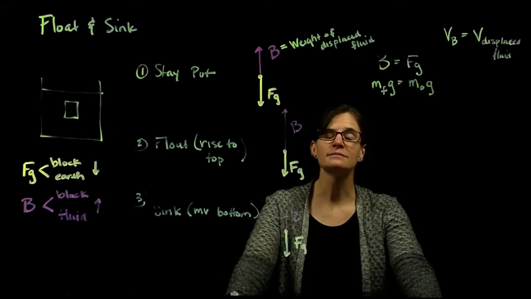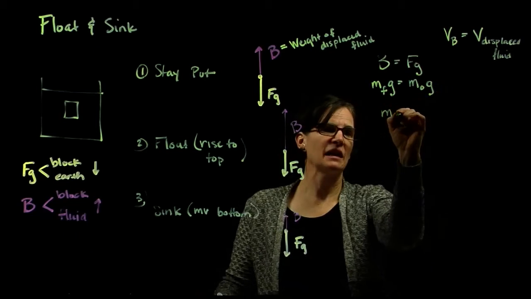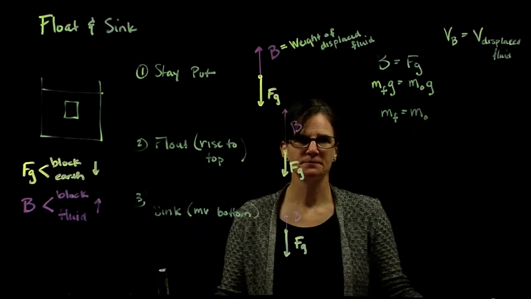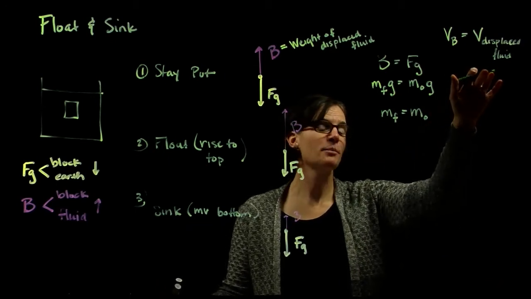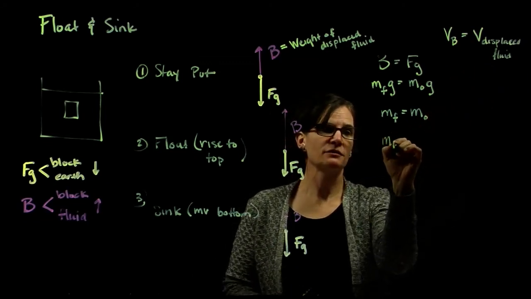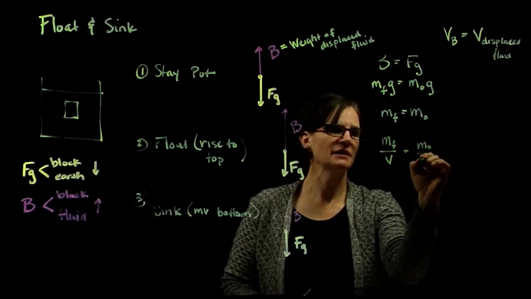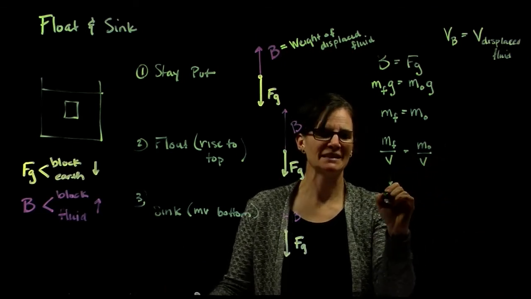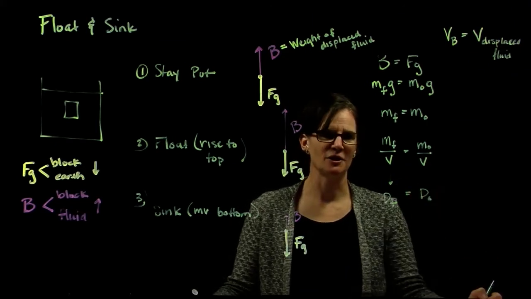Okay? Well, if that's the case, then the mass of the fluid has to equal the mass of the object. If the mass of the fluid is equal to the mass of the object, and they're occupying the same volume, then the mass of the fluid over the volume has to equal the mass of the object over that same volume. Well, this is the density: the density of the fluid has to equal the density of the object.